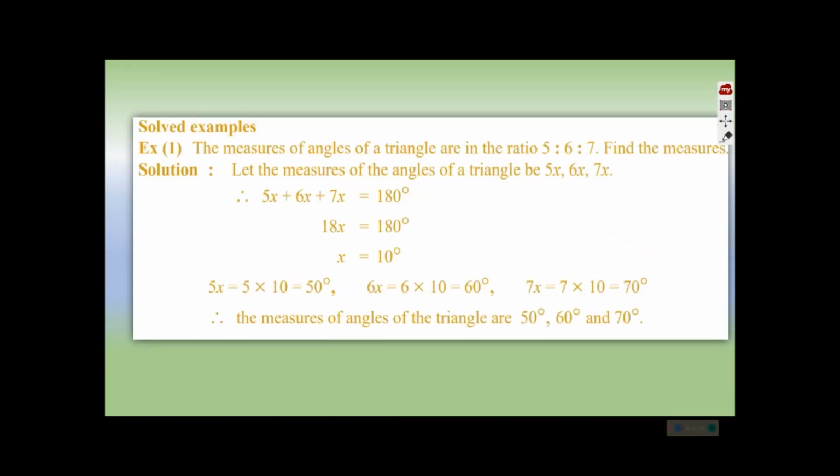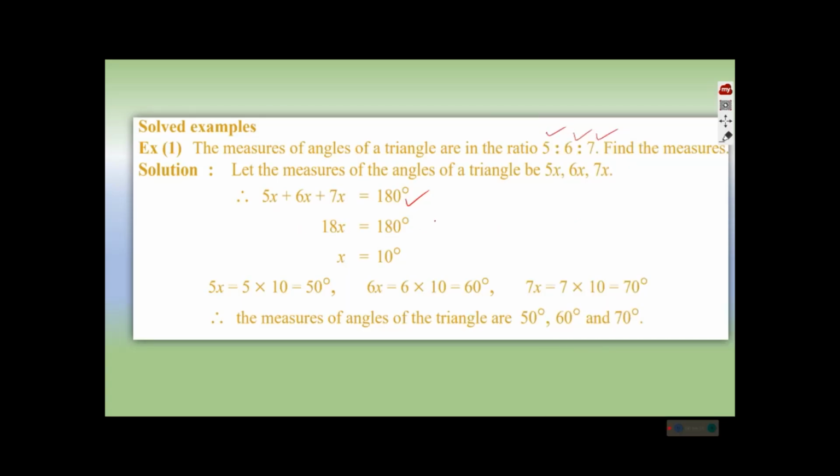This one is an example to update you with your knowledge about triangles, where you have studied that the sum of the measures of the angles of a triangle is equal to 180 degrees. The question is: the measures of the angles of a triangle are in the ratio 5:6:7. A ratio दिया है. Find the measures.